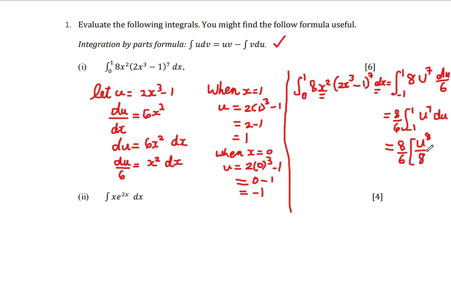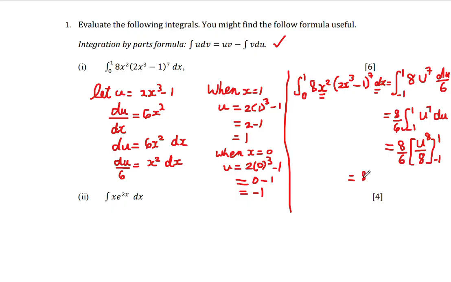The 8 over 6 remains at the front. So I put this in a little bracket, and then I write the limits of integration, which are 1 and -1 here. So the next step that we're going to carry out here is the substitution. So this is going to be equal to, we're going to substitute the upper limit of 1 and the lower limit of -1.